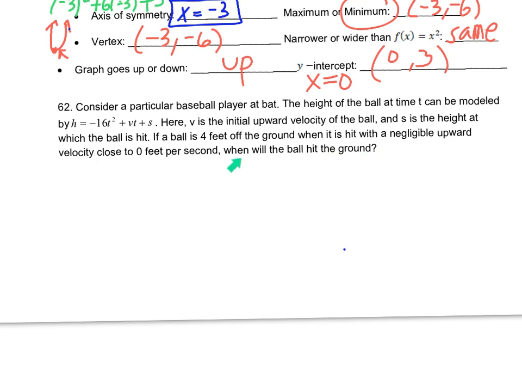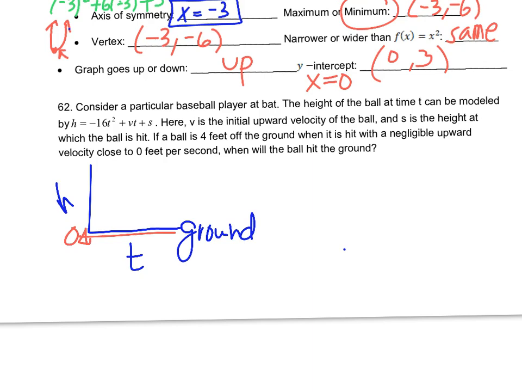Now they're not going to tell you what this h is, but they are telling you with words. The ball is going to hit the ground. So if we were to draw what this looks like, this is our height here, and this is our time. And this is the ground. So on the ground, your height is 0.